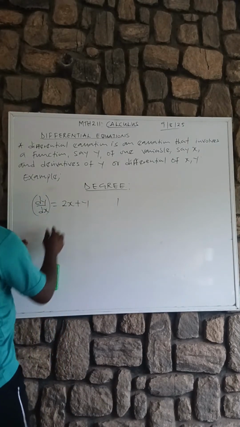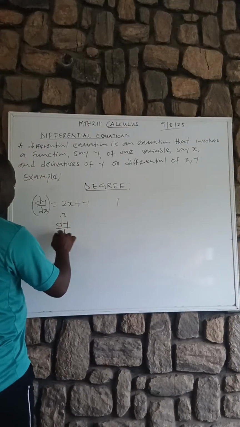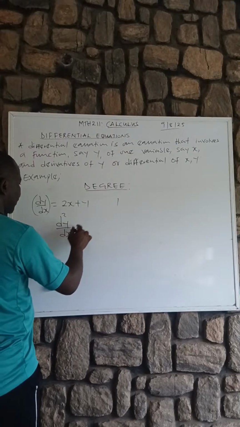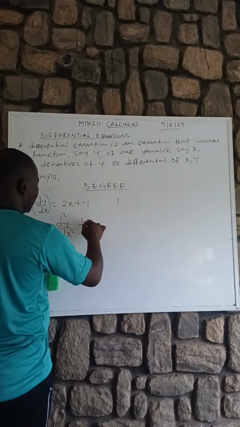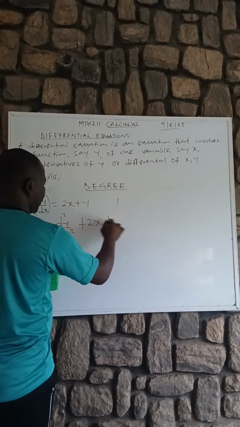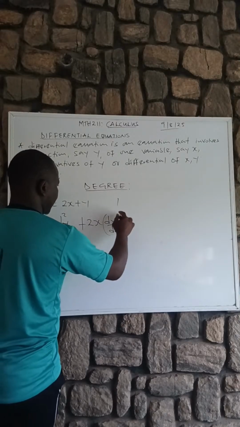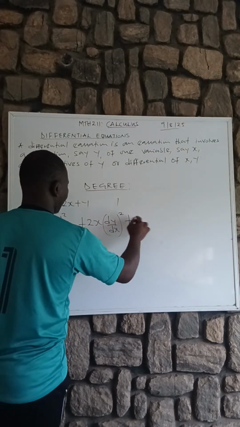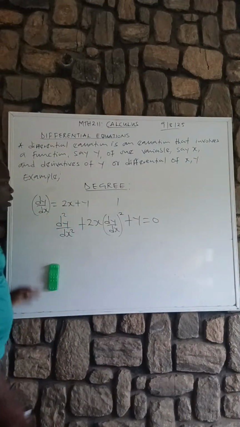Then assuming we have d square y all over dx square plus 2x dy all over dx, all in brackets raised to power 2, plus y equals 0.